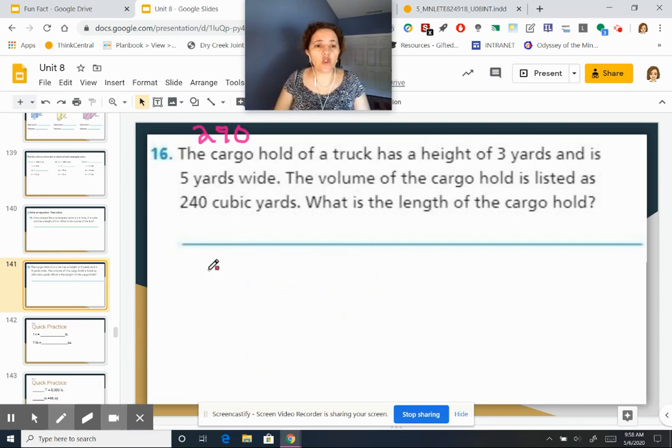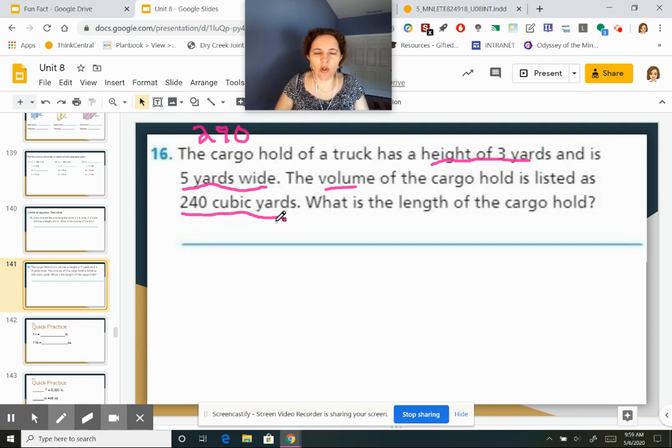Okay, I'm still on page 290. Let's look at this word problem. Let's look at number 16. The cargo hold of a truck has a height of 3 yards. So my height is 3 yards. And it's 5 yards wide. The volume of the cargo hold is listed as 240 cubic yards.